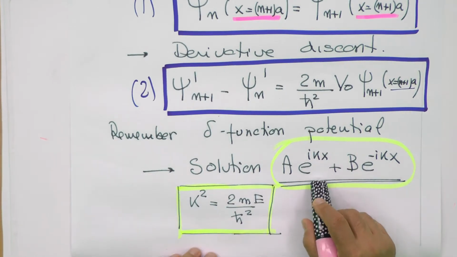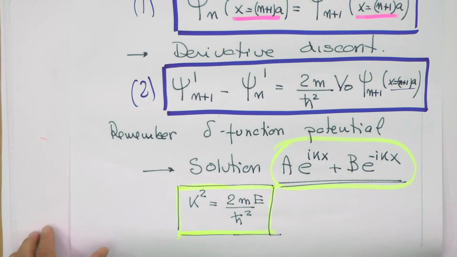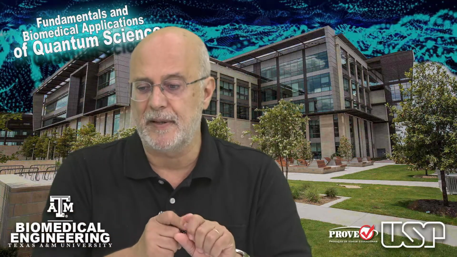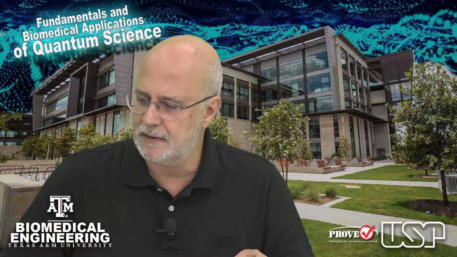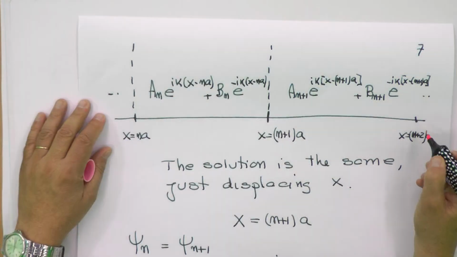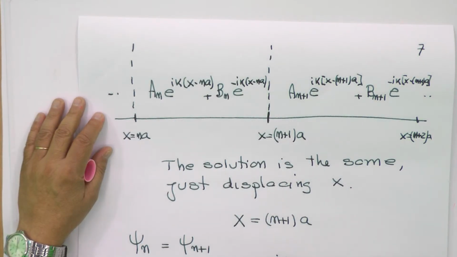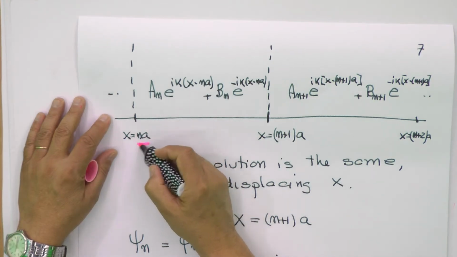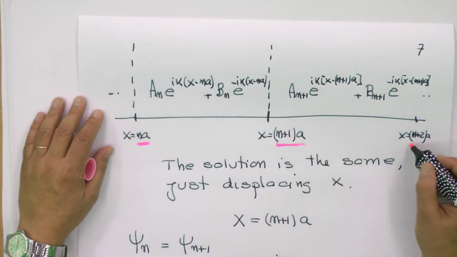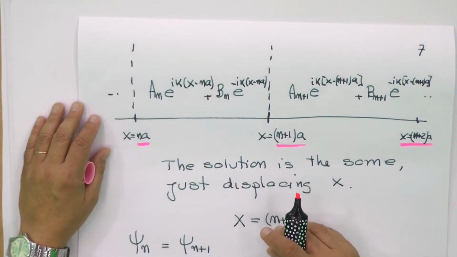Said that, I have to come to my potential space. So I'm representing a part of the potential space, a little part of it, between x equal to n a, x equal to n plus 1 a, and x equal to n plus 2 a.